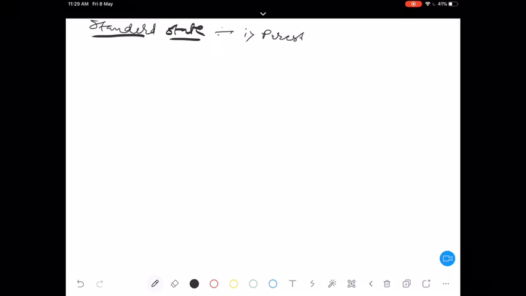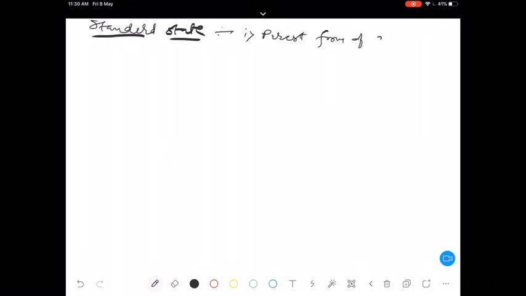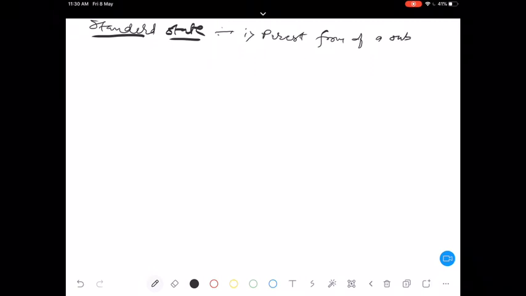See, we can write standard state. Let's first use the definition. Standard state, it is first of all the purest form of a substance.